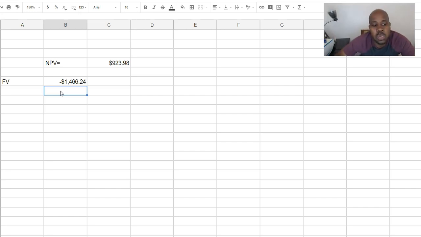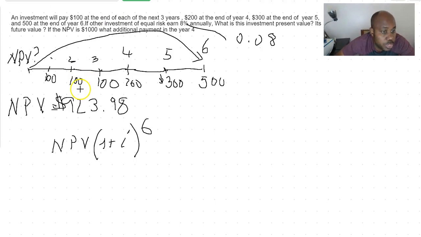Okay. So another way to compute this, if you want to do it in detail, but it's going to take a long time, is to compute the future value of 100 after 1, 2, 3, 4, 5 years.